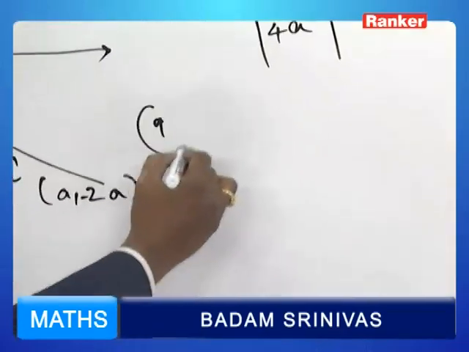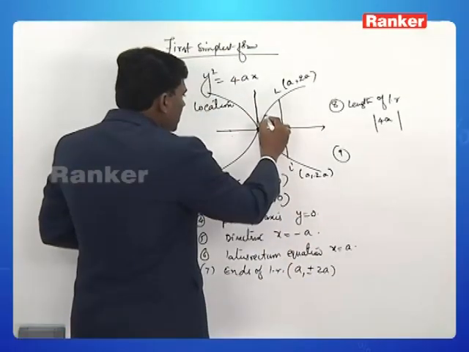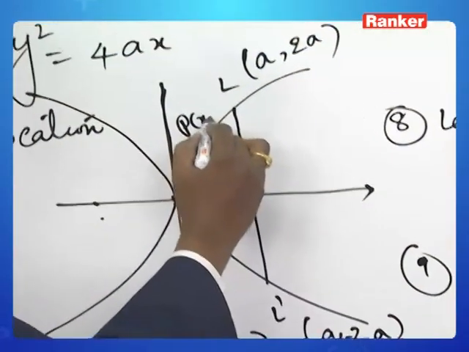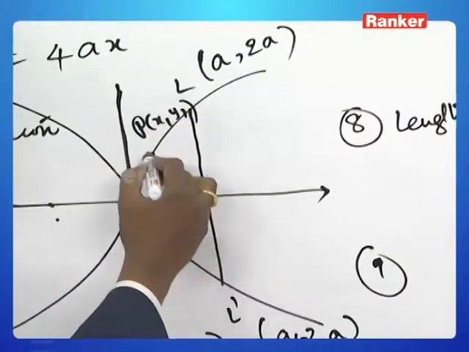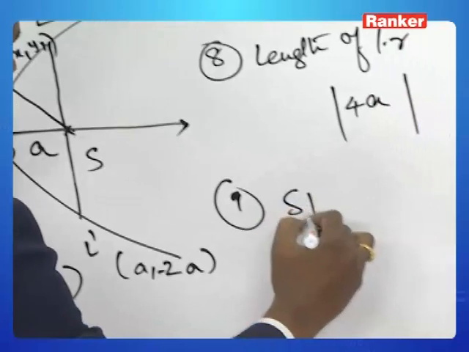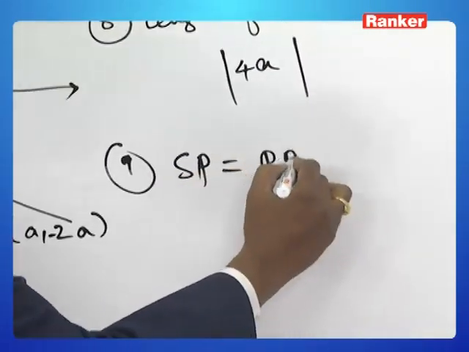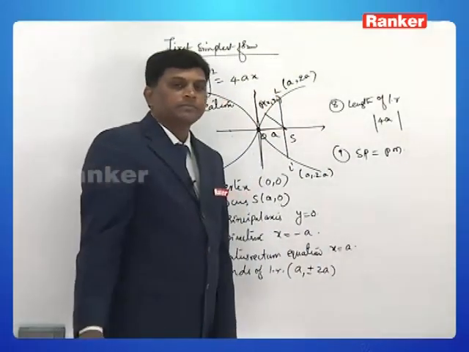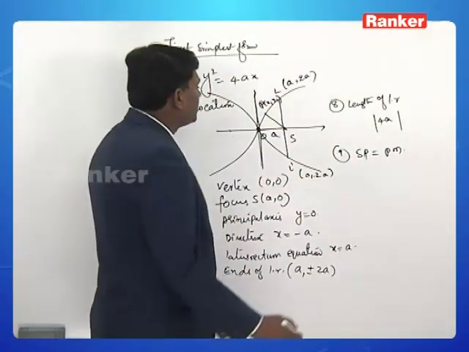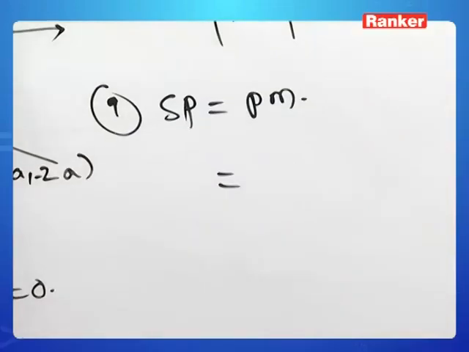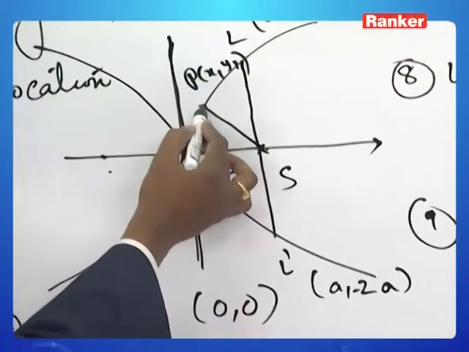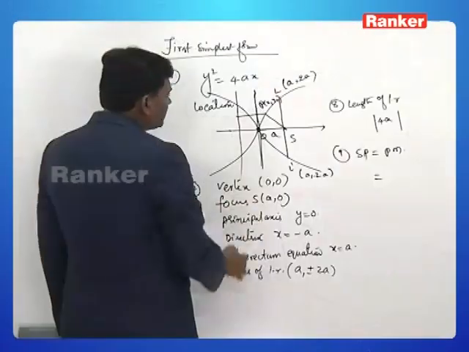Now if we are choosing a point P randomly somewhere on the curve, SP is called its focal distance. SP equals, we know that it is equal to PM. This PM is nothing but distance from P to the directrix.